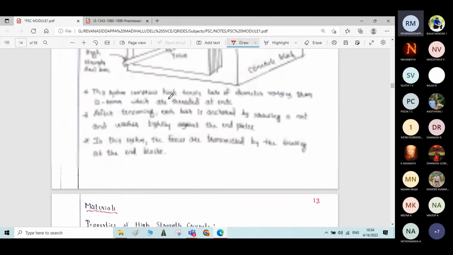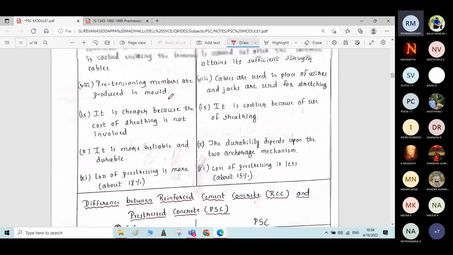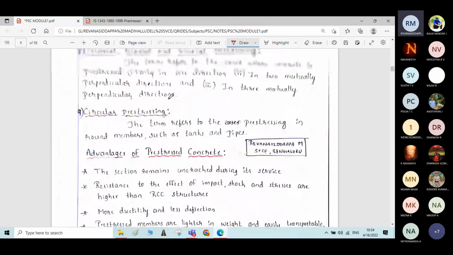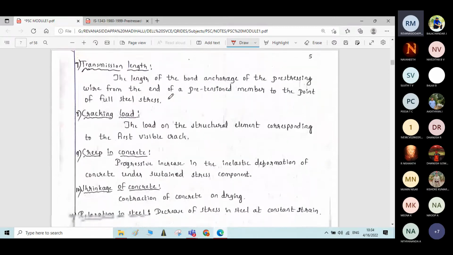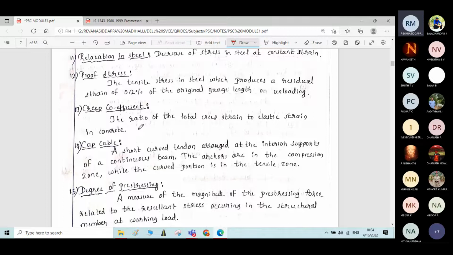So the stress corresponding to 0.2% strain is called proof stress. 0.2% strain means there may be an increase or decrease in the original gauge length of the element by an amount of 0.2%. At that particular point, whatever stress is there in the element is called proof stress.